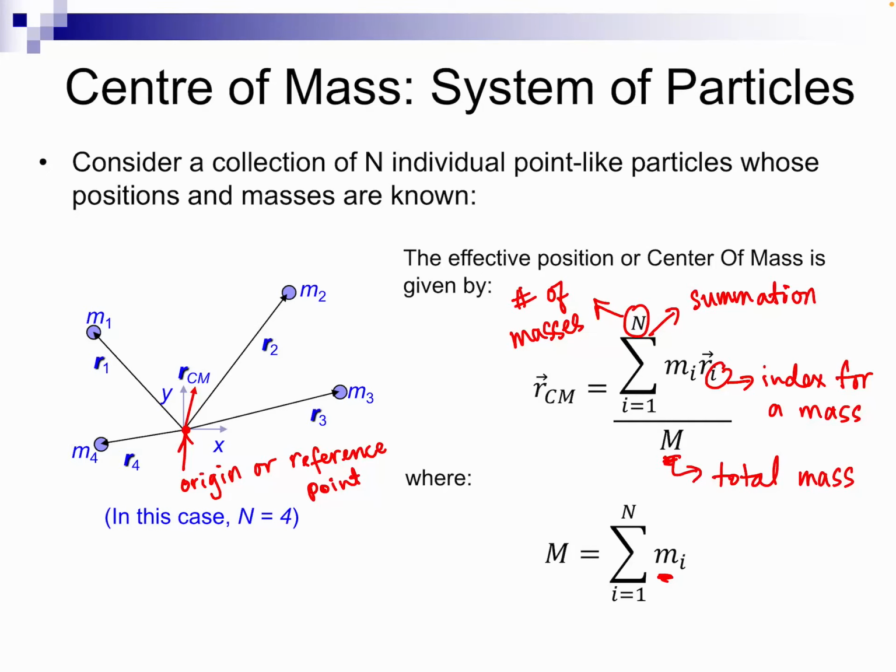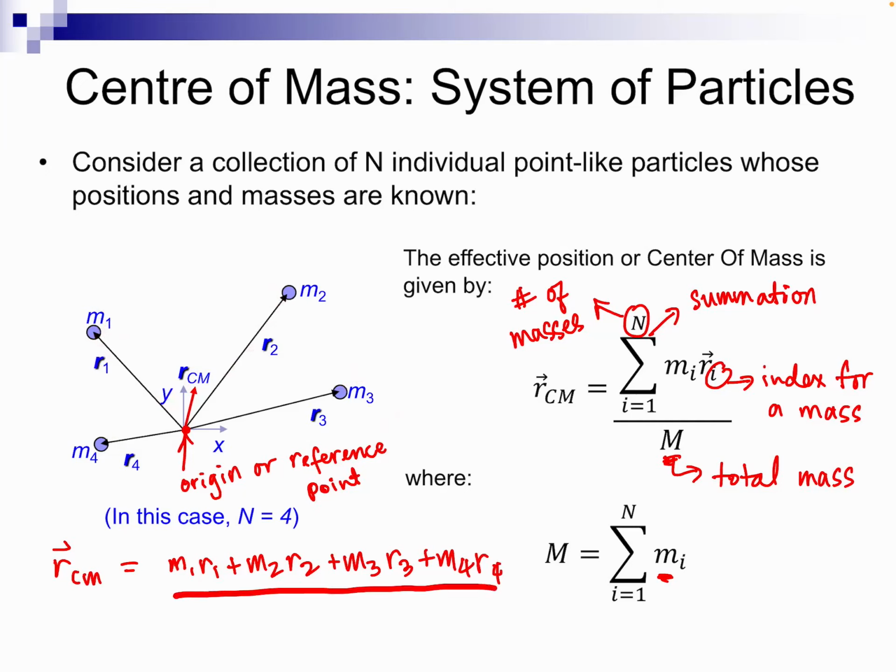Right. So for these particles here, if you have 4 particles, let me expand this. Seemingly, maybe it looks like a scary one, but if you expand that, then the center of mass of the particles will be the sum of M(I)(Ri). That means M1 R1 plus M2 R2 plus M3 R3 plus M4 R4, because there are 4 particles here, 4 masses whose overall center of mass you want to find, divided by the sum of all the masses.